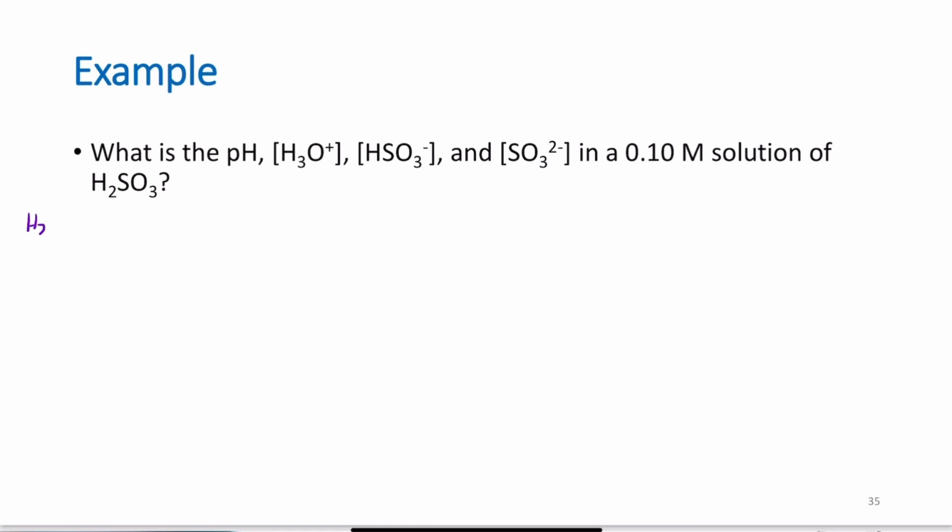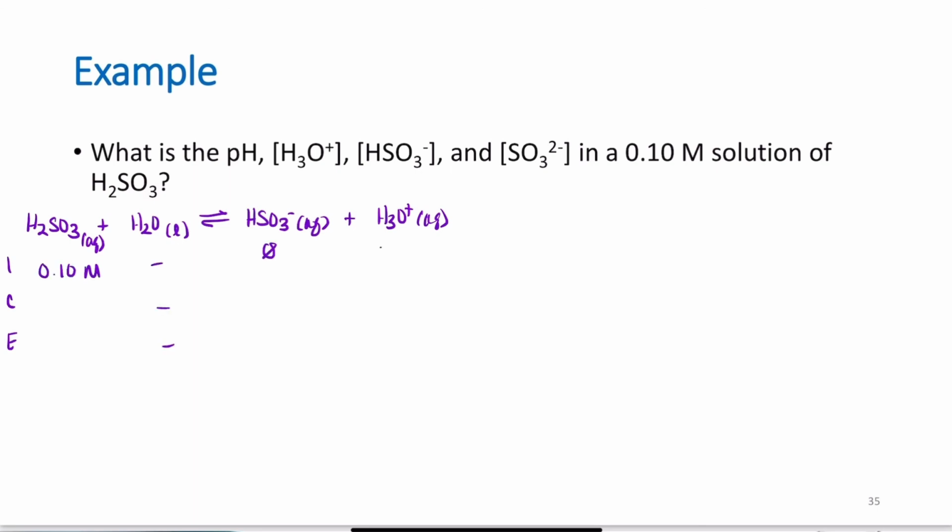I'm going to react that with water and form HSO3 minus plus H3O plus. I'm told I'm starting with a 0.10 molar solution, and I have approximately no H3O plus present to start.